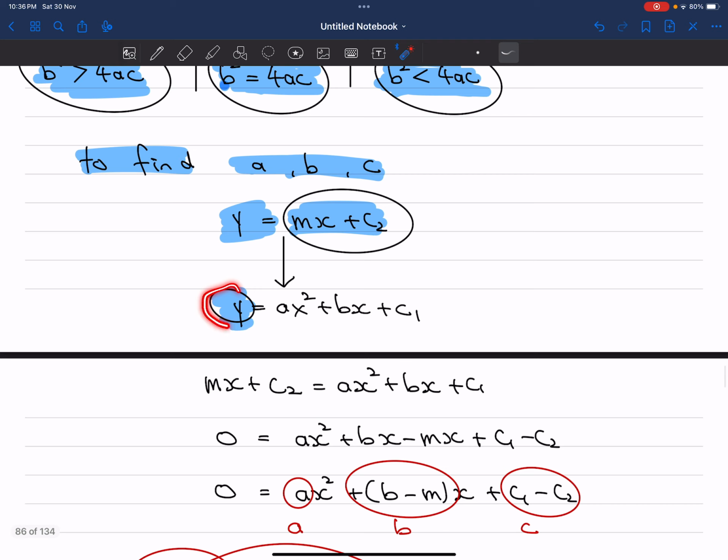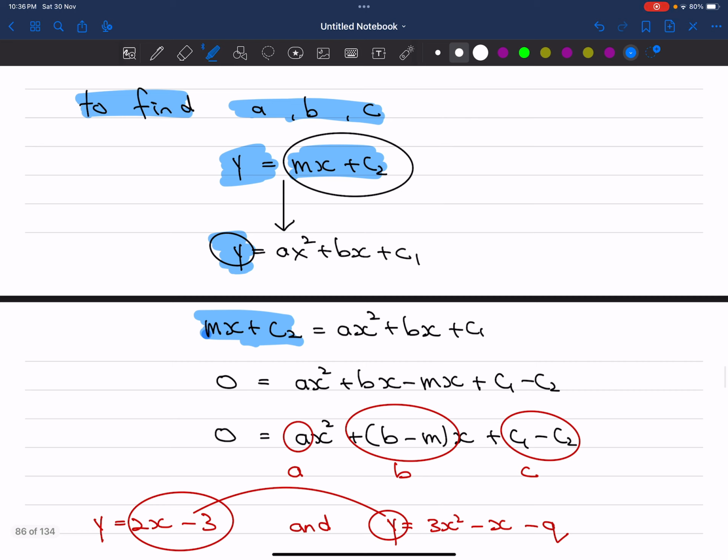So here y, I replace with mx plus c2, and after replacing, you must transfer everything from the left hand side to the right hand side so that we can get 0. You must get 0.